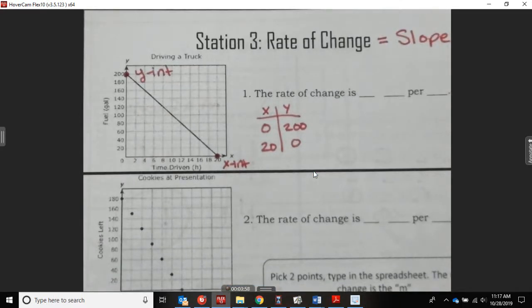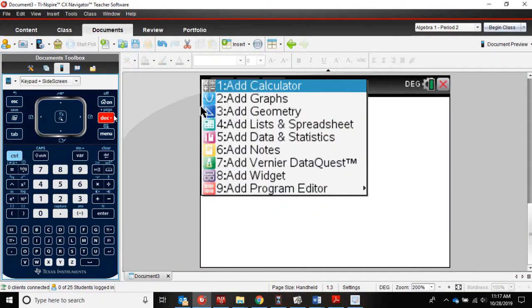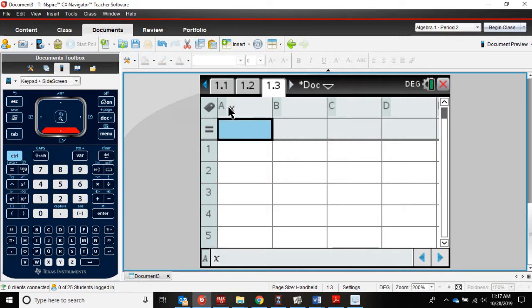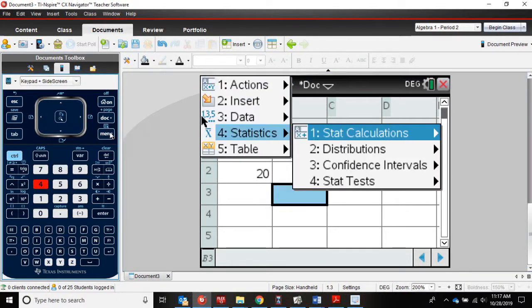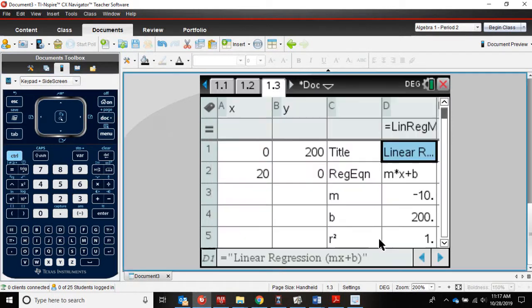Okay? So I'm going to go to my calculator. I'm going to add a list and spreadsheet. I'm going to put x and y at the top. And I'm going to put my numbers in. So 0, 200, 20, 0. And remember, the steps are menu, 4, 1, 3, change x to x and y to y, and press OK.